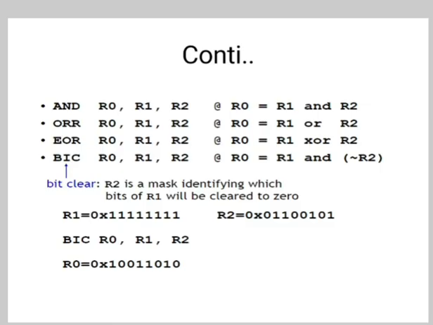So here 1 in the second operand, that is R2, will clear the corresponding bit in the first. So here the last bit is 1, here it is 0 in R0. In R2 it is 0, 1, 1, 0. Here it is 1, 1, 0, 0, R2. So R0 will be 1, 1, 0, 0.